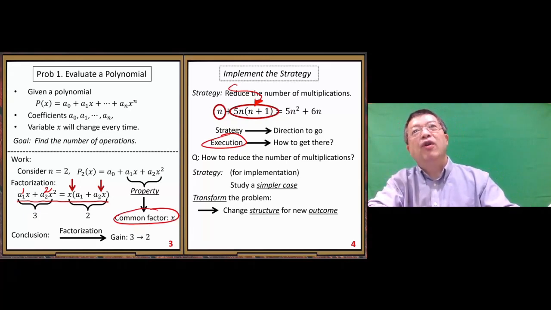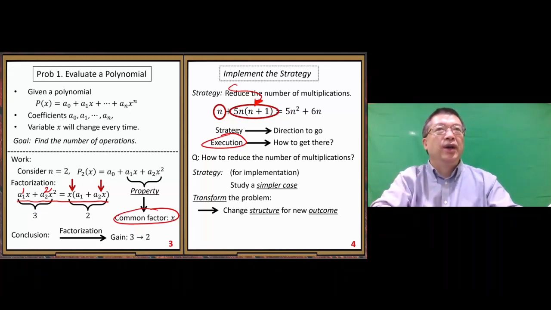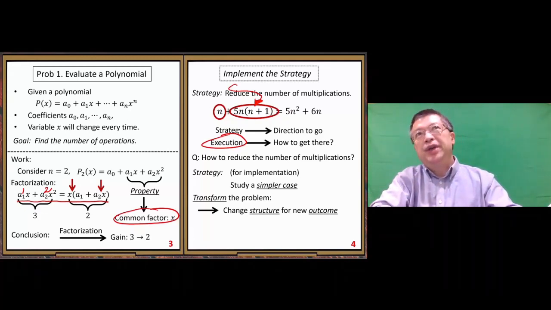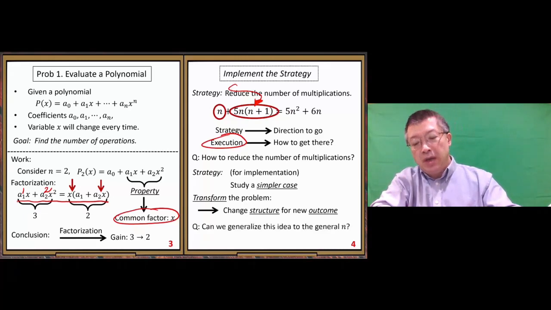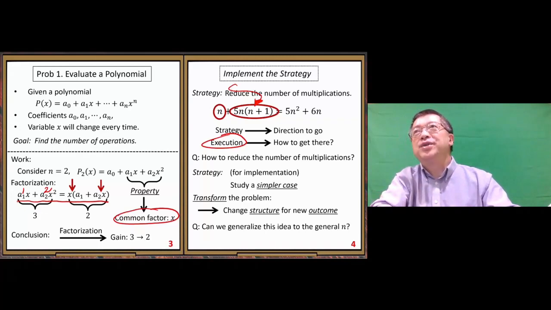That's the nice result we have seen. But this is for the n equals 2 case. We want to generalize this result to the general case. So our next question is, can we generalize this idea to the general n? Here we have the experience with n equals 2.